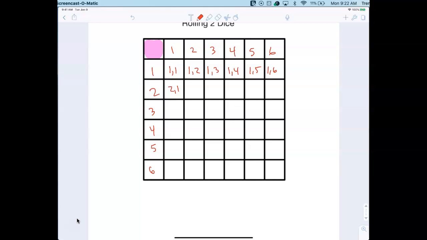You can also just write down 1, 1, 1, 2, 1, 3, 1, 4, 1, 5, 1, 6, 2, 1, 2, 2, and so on. It's the same thing, but I just like it like this.